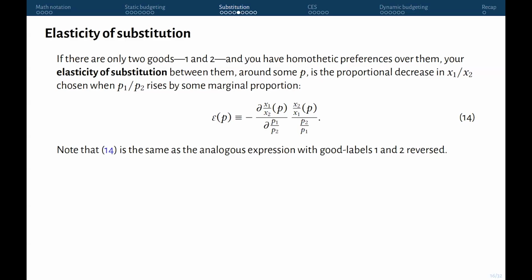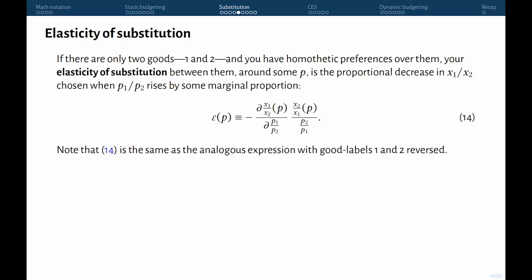So the idea is, what's the change in the ratio of good one to good two? The proportional change, right? We're dividing by x1 over x2 in the numerator. So it's how big is the proportional change in x1 over x2 per proportional change in p1 over p2.